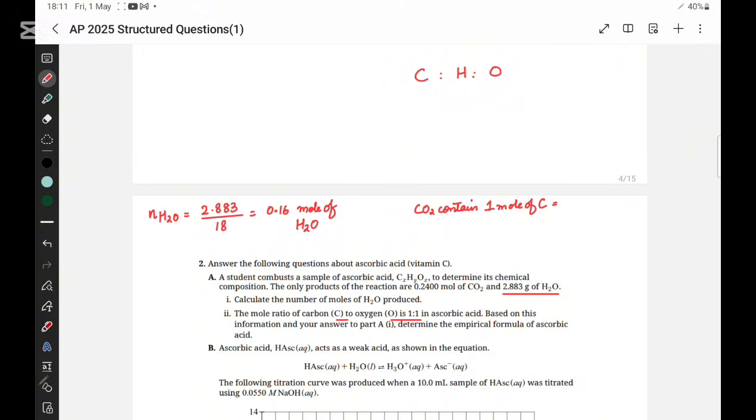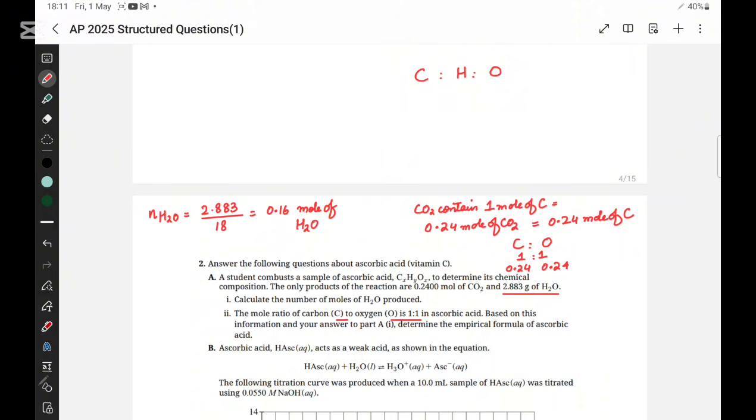So if it contains 1 mole of carbon, then 0.24 mole of carbon dioxide contains 0.24 mole of carbon as well, because we have 1:1 there. And as they were saying that carbon to oxygen ratio is 1 to 1, and if this is 0.24, then this is also going to be 0.24.